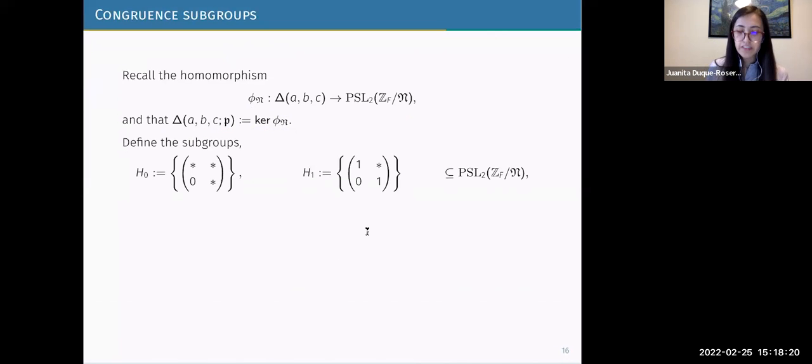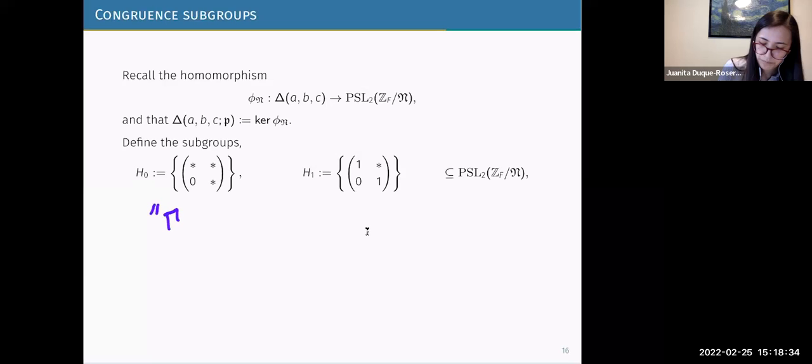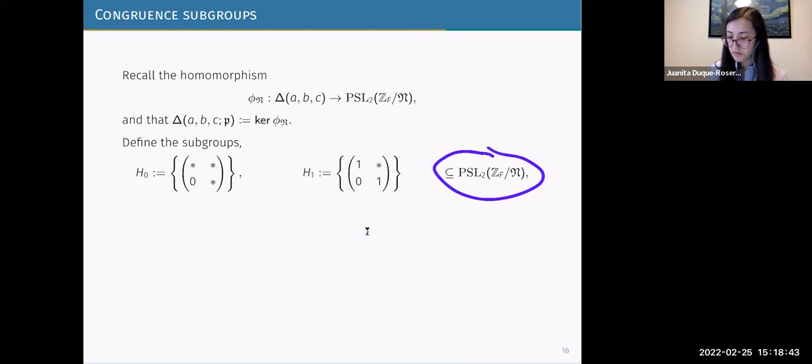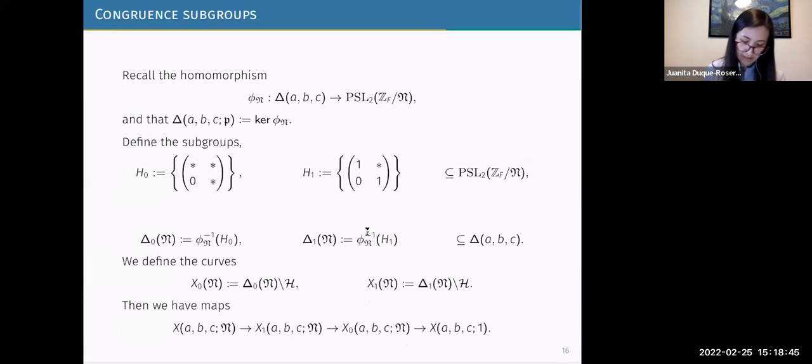And then we can define the subgroups that live in PSL as just matrices, as we did before. So H0 was upper triangular matrices, and this is the gamma 0 that we were studying before, and this is the gamma 1 that we were studying before. Okay, but these live in PSL2. So we can take pre-images, and now our congruent subgroups actually live in the triangle group.